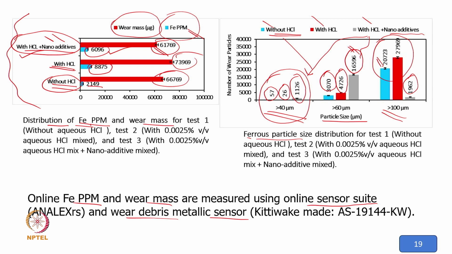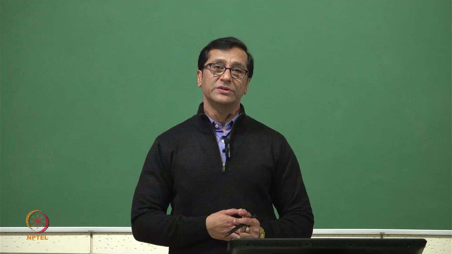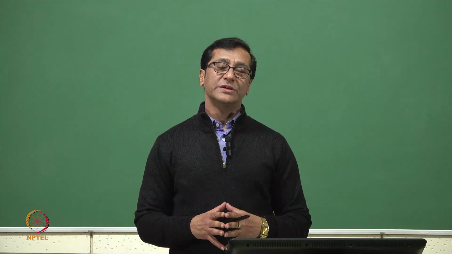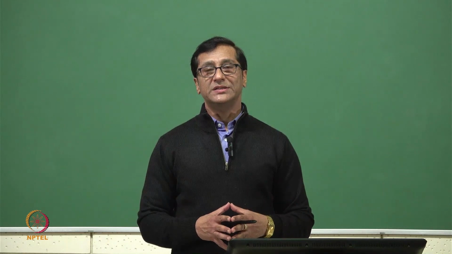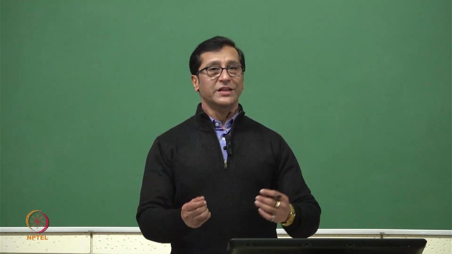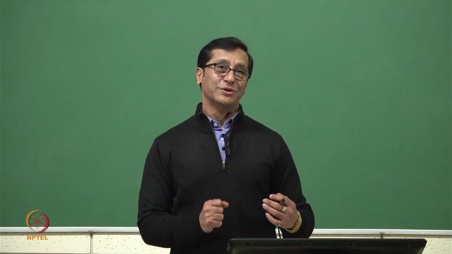So this is important: only looking at Fe ppm may not give complete results. We are looking at the wear mass, and at the number of particles being generated. For a comprehensive analysis, we require more parameters and much more data, and then we extract the data most relevant for our purpose.